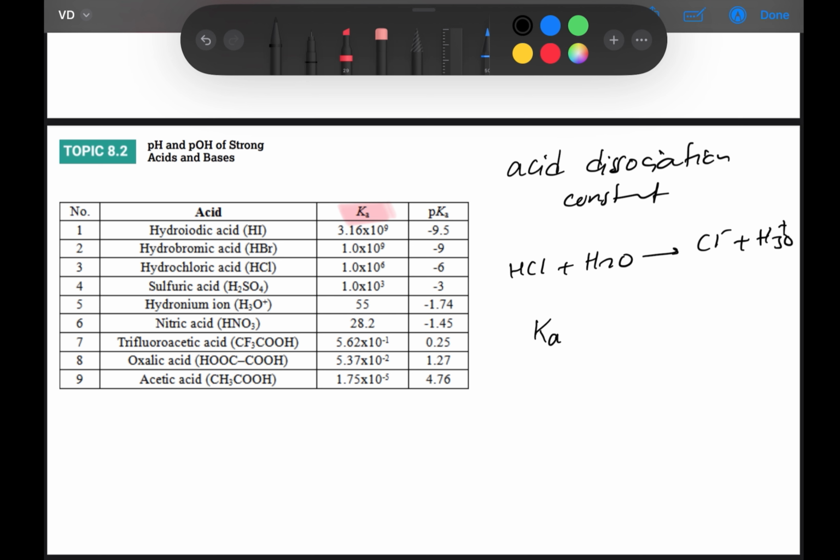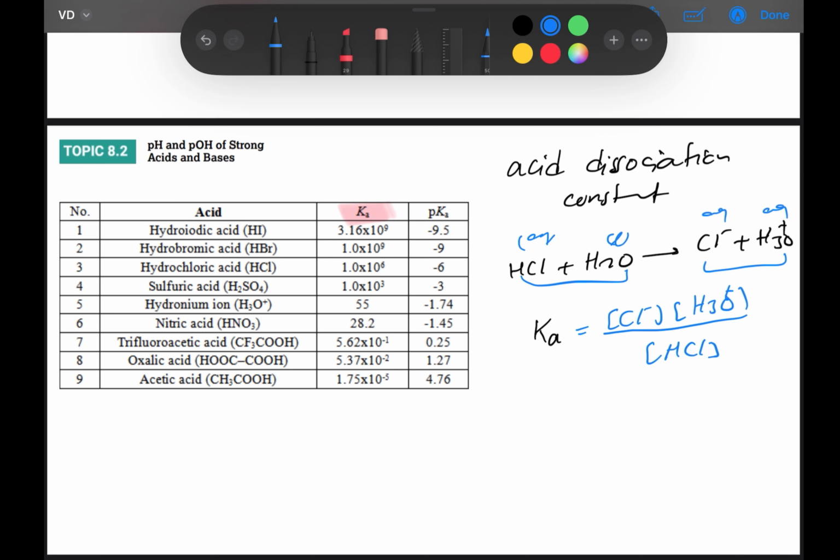It's the same thing if you just remember from Unit 7, we usually put the products over reactants, as concentrations, especially if they're in aqueous or gaseous state. Since HCl is aqueous, and water is in a liquid state, we don't care about it. Then you have to say it's the concentration of Cl negative multiplied by the concentration of H3O plus over the concentration of HCl.